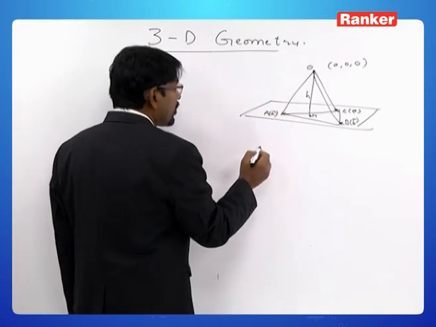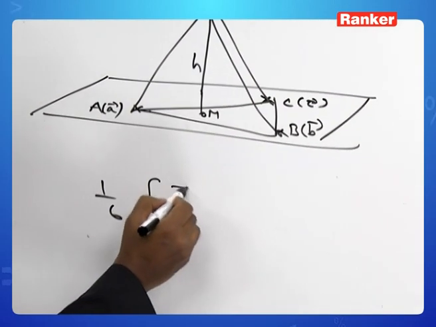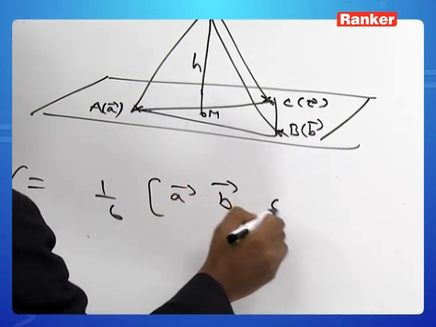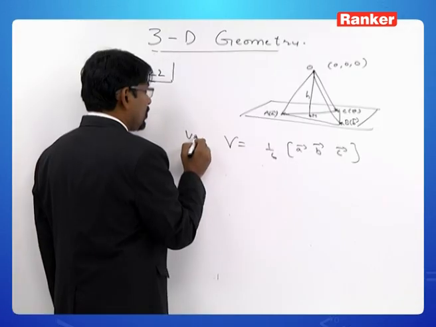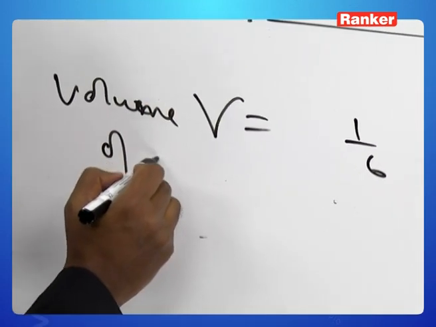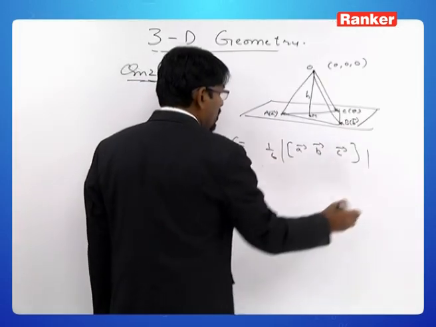Now we know that the volume of this tetrahedron is 1/6 of box of ABC. Volume of the tetrahedron OABC is 1/6 of box of ABC, the modulus is required.